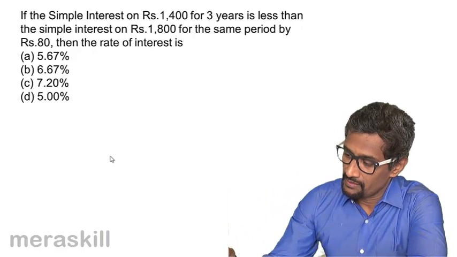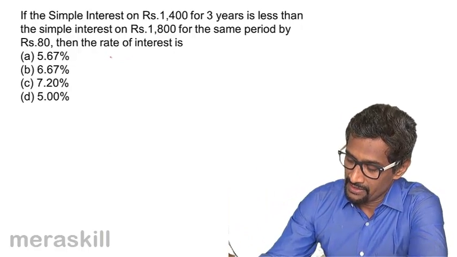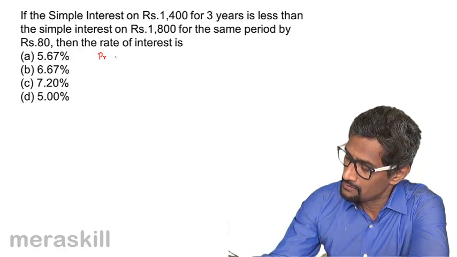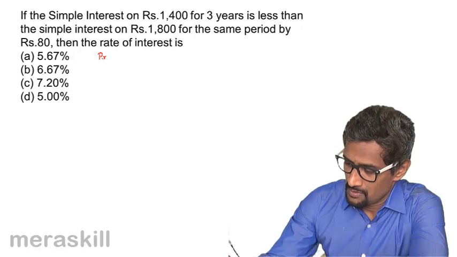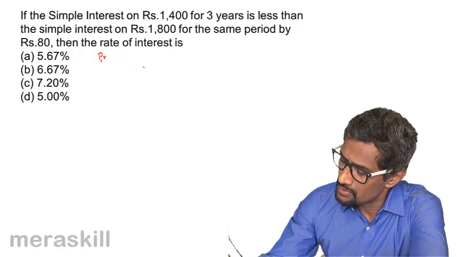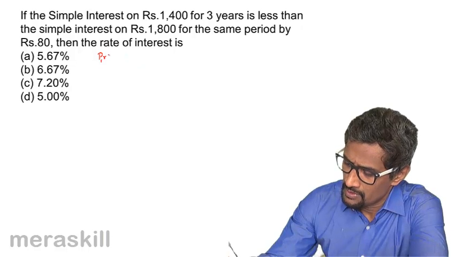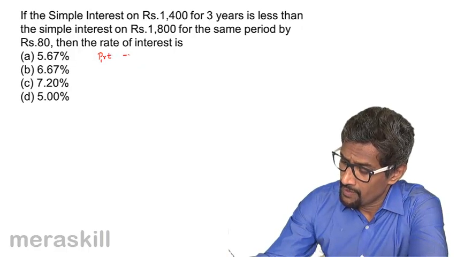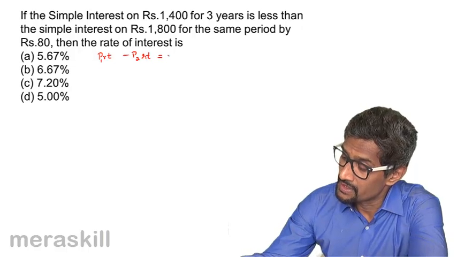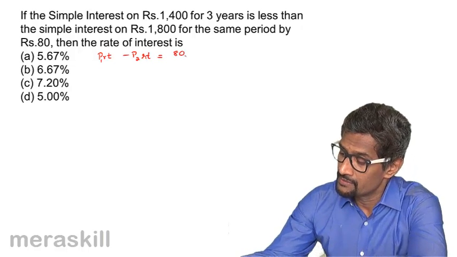So then the simple interest again here, PR, so P1R into T minus P2R into T. This has been given as 80.